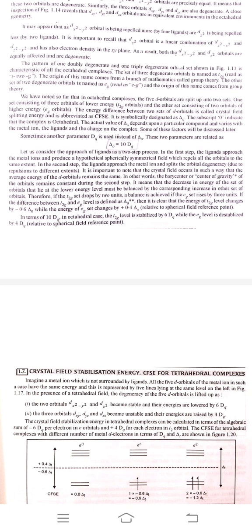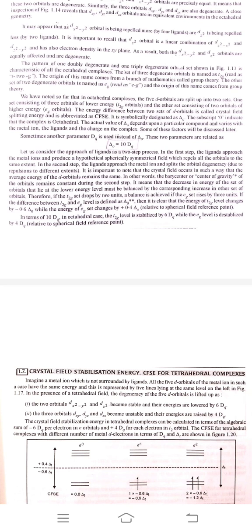The other set of two degenerate orbitals is named eg, and the origin of this name also comes from group theory. We have noted so far that in octahedral complexes, the 5 d orbitals are split up into two sets. One set consists of 3 orbitals of lower energy, another set consists of 2 orbitals of higher energy.